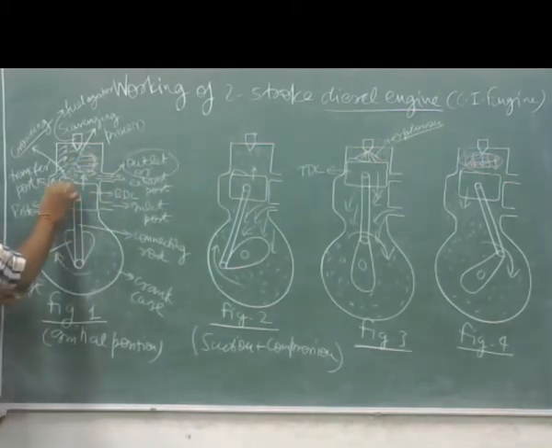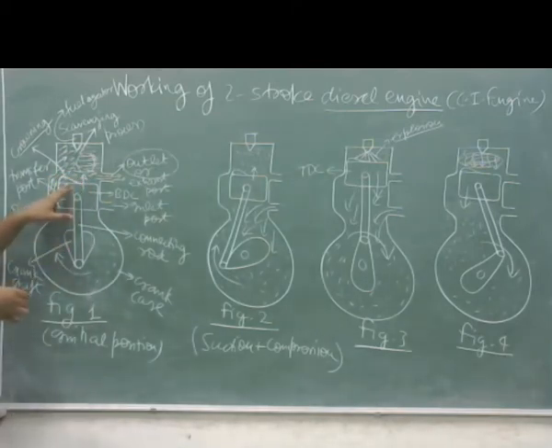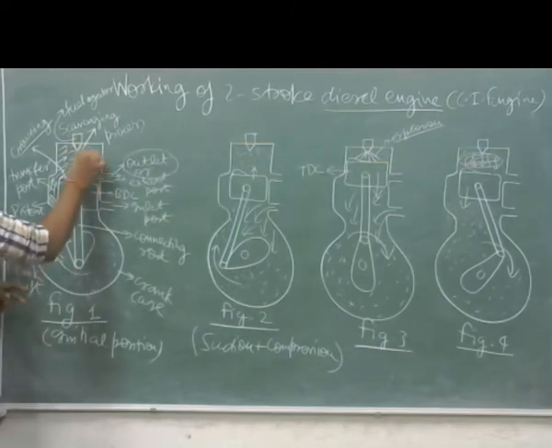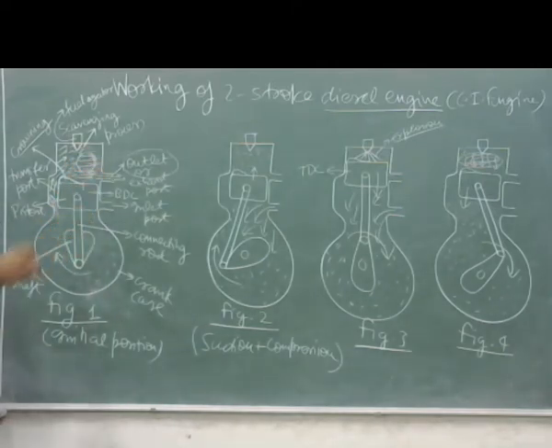Why is this shape kept like this? Because this crowning will give the direction to the exhaust gases to move to the right side. So with the help of this crowning, this high pressure air which reaches above the piston pushes all the exhaust gases to go outside through the outlet valve.